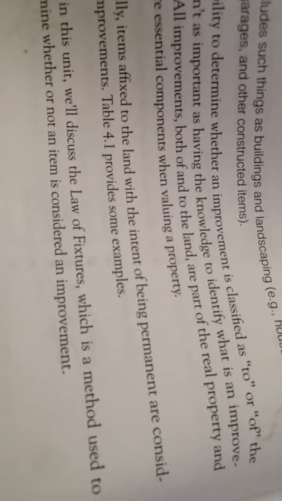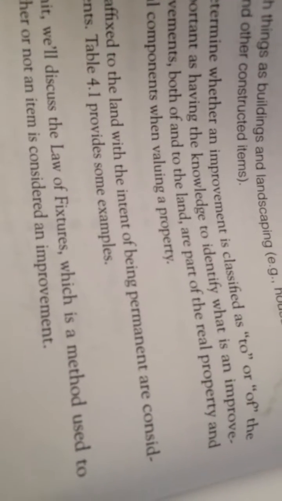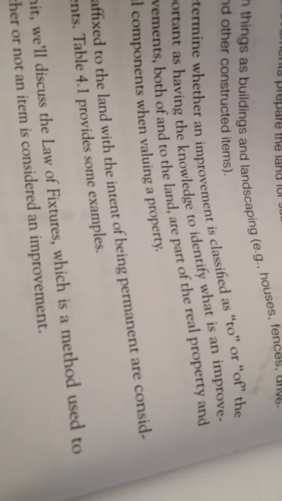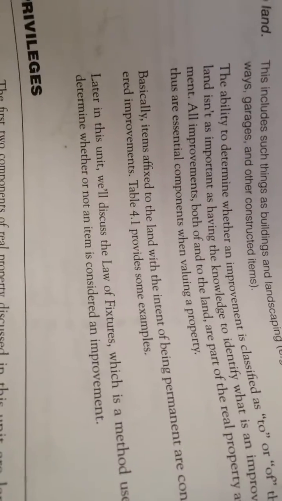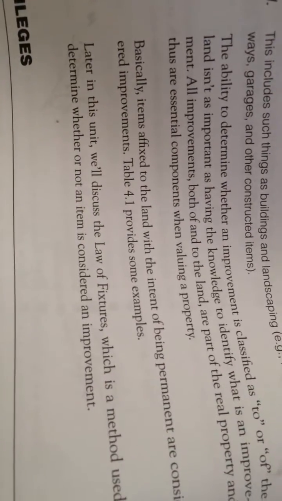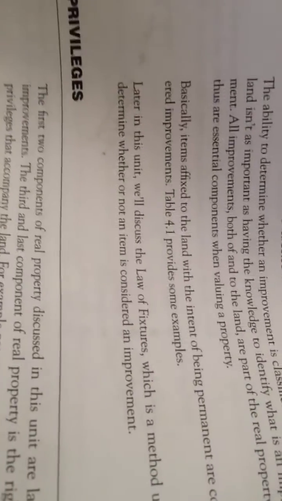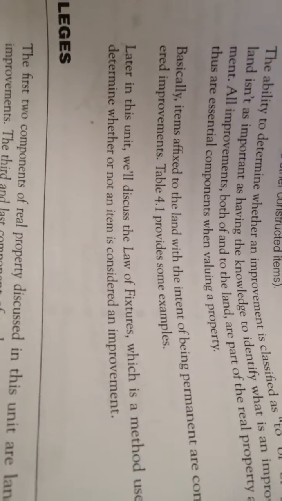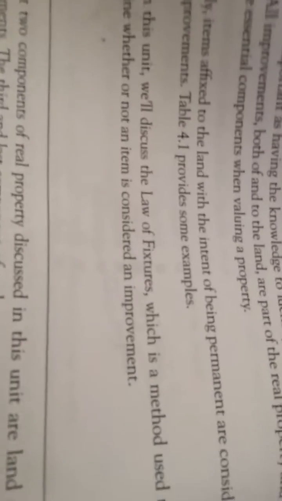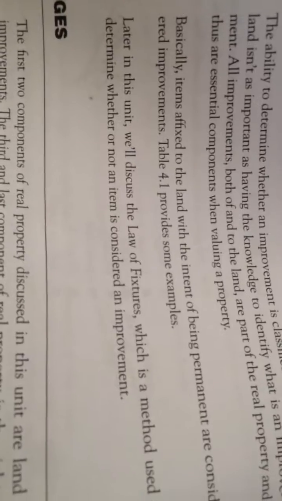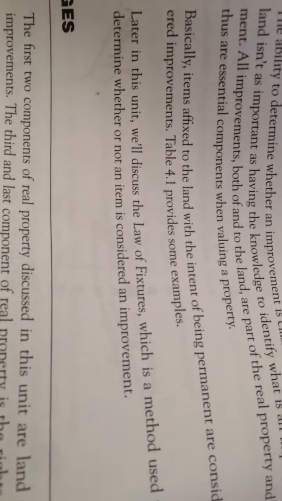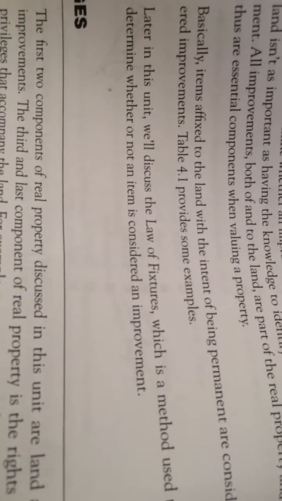All improvements, both of and to the land, are part of the real property and thus are essential components when valuing a property. Basically, items affixed to the land with the intent of being permanent are considered improvements. Table 4, period 1 provides some examples.